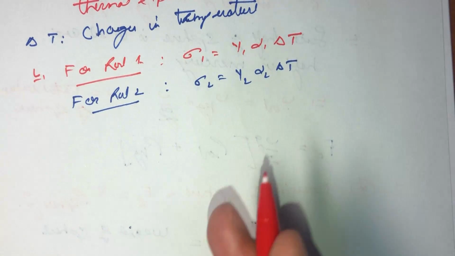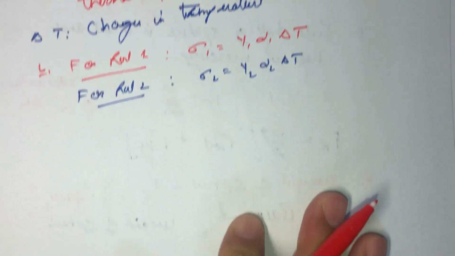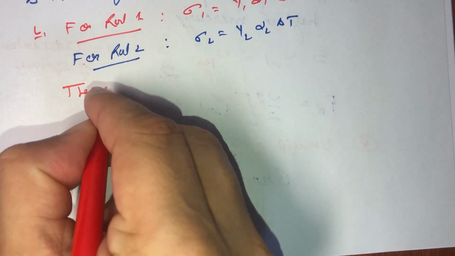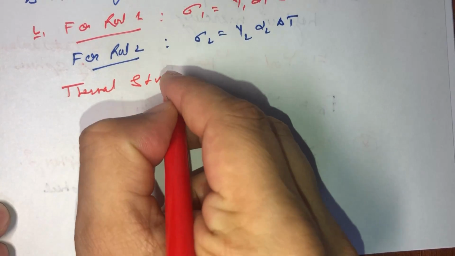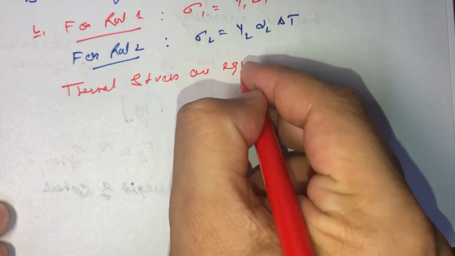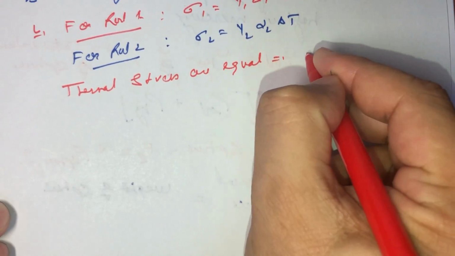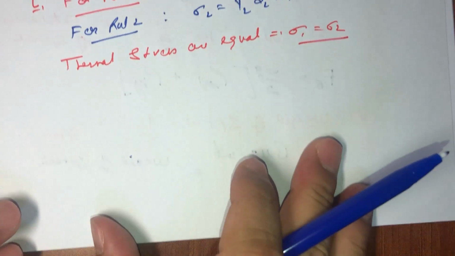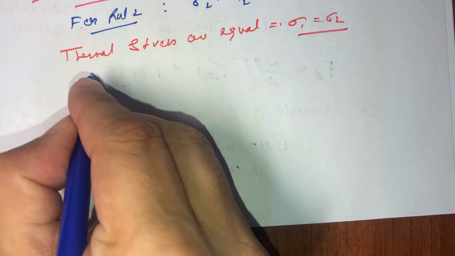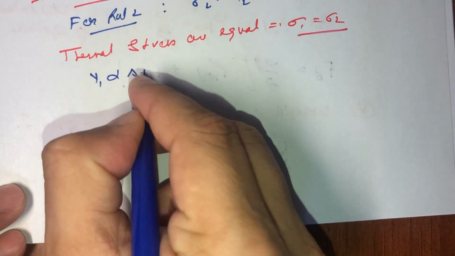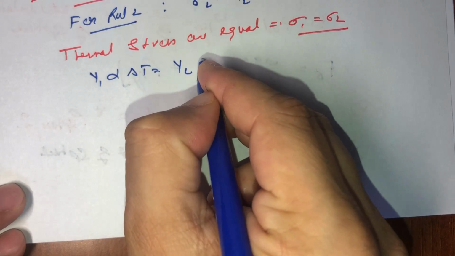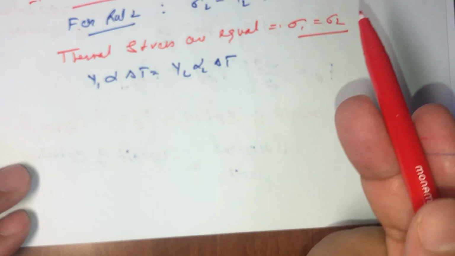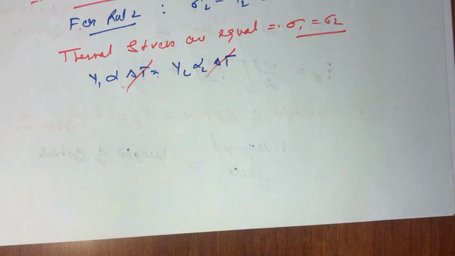So if the thermal stress are equal, which means sigma 1 is equal to sigma 2. We substitute the formula, that is y1 alpha 1 delta T is equal to y2 alpha 2 delta T. So here delta T is same, so this cancels out.